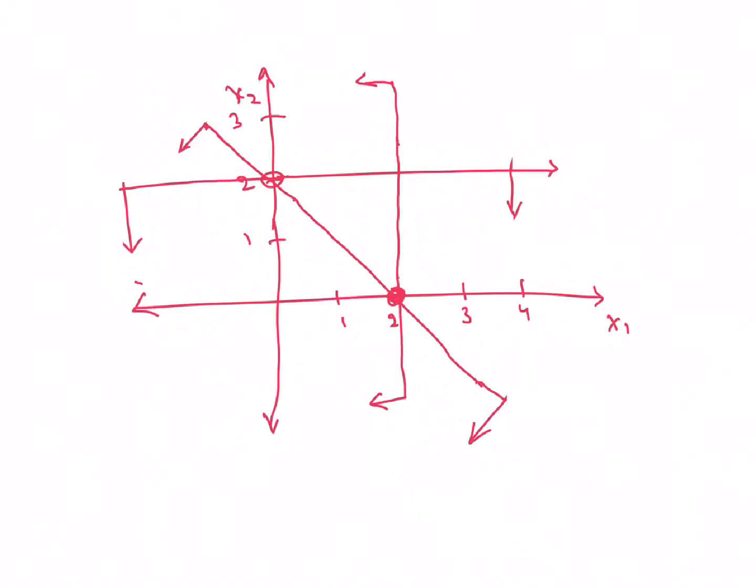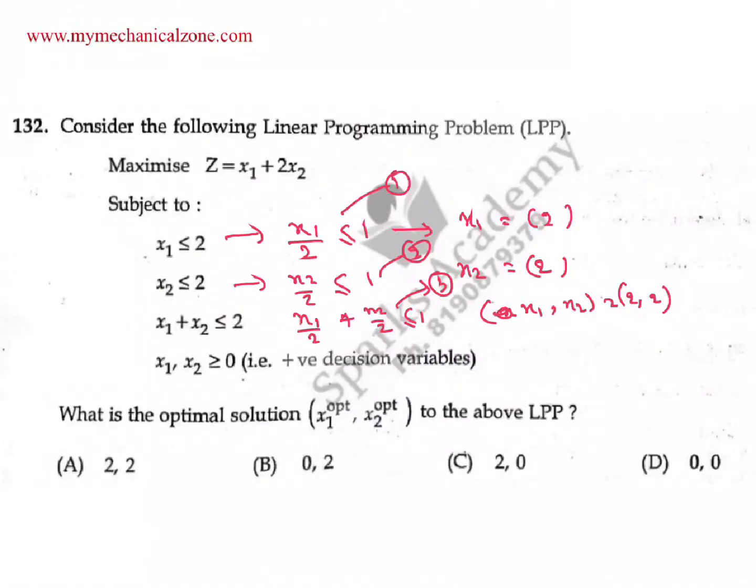Corner points are A and B. For Z max, A coordinates 0, 2, B coordinates 2, 0. So at A point and B point you just check Z maximum value. Z maximum is your x1 plus 2x2.